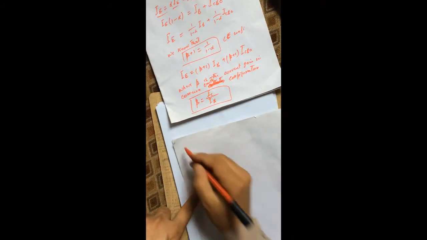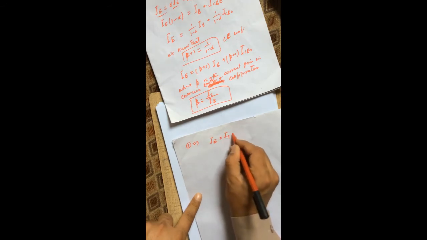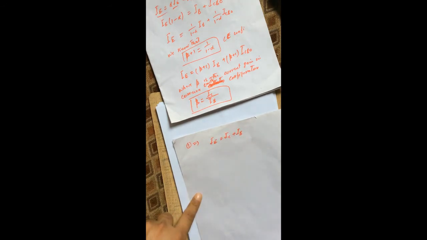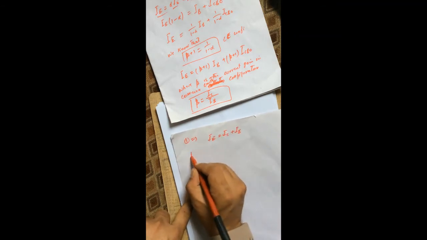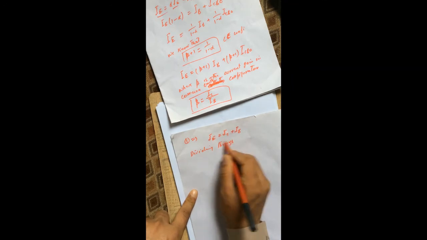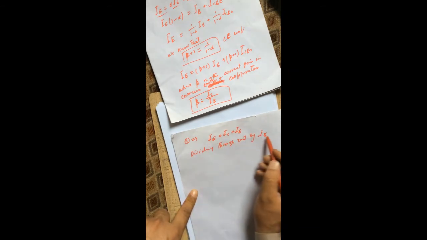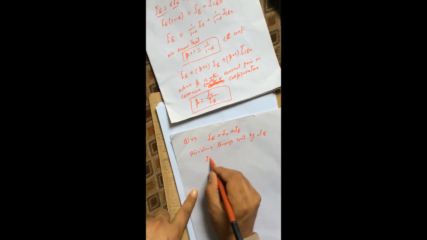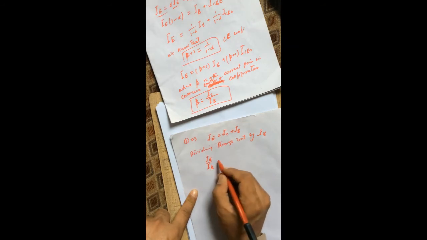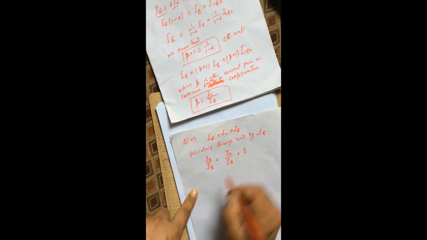Now we have equation number 1. I can write equation 1 like this: IE is equal to IC plus IB. Dividing this equation throughout by IB, we have IE over IB is equal to IC over IB plus 1.